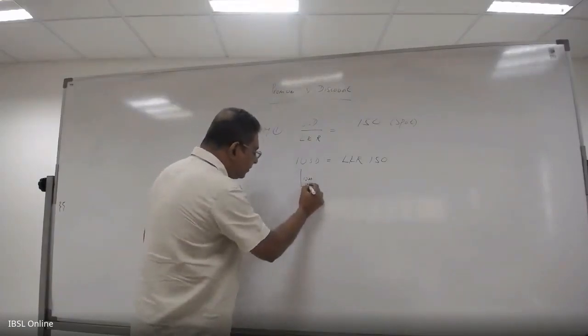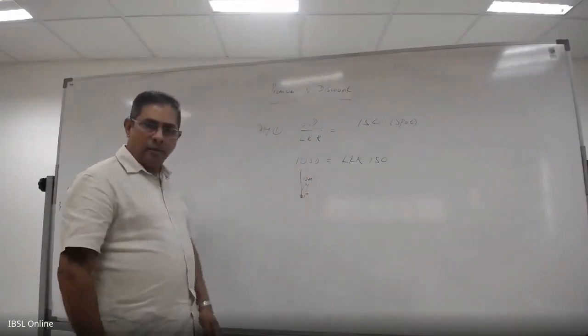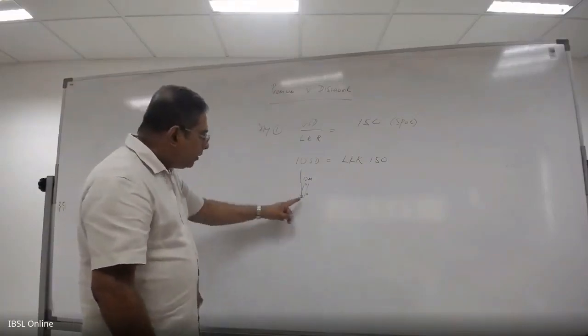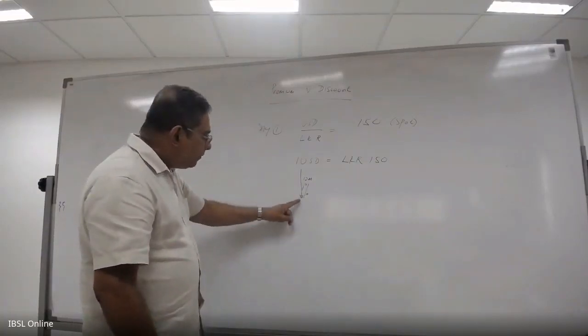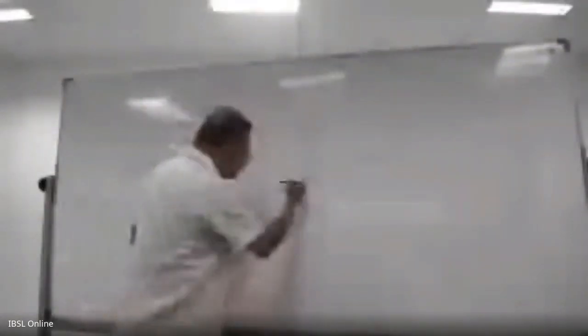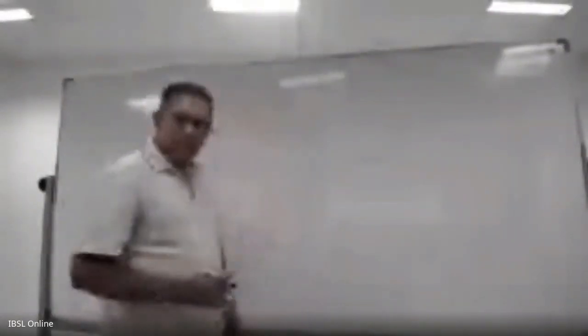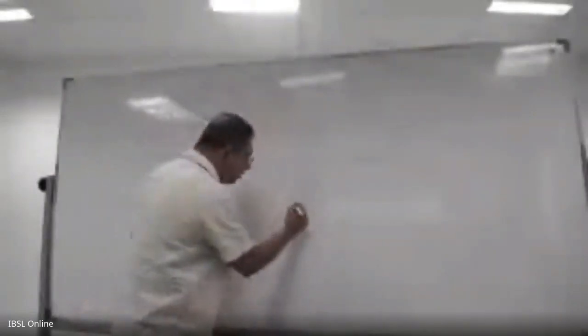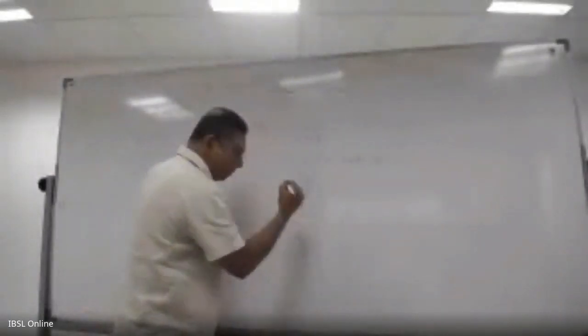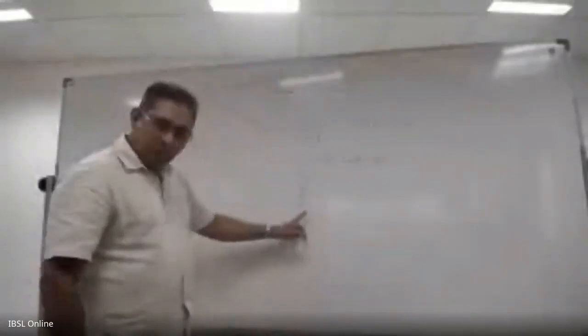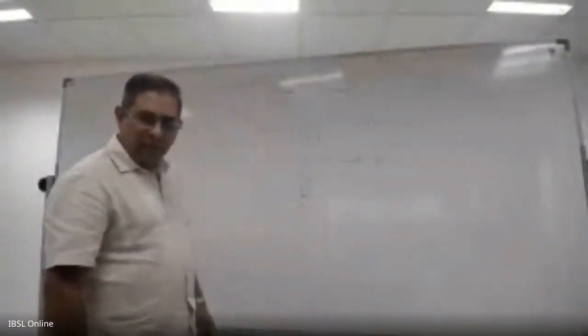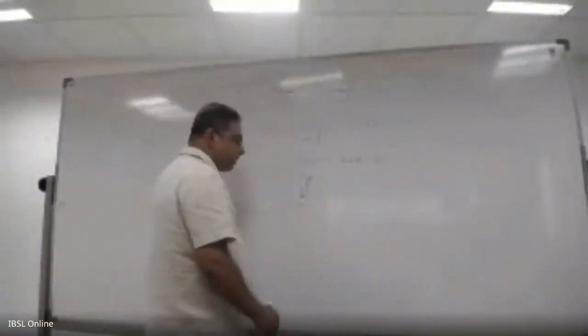I'm getting 1%. So at the end of the year, after the maturity date, I will get how much? 1% of 1 is 0.01, plus the capital, it will be 1.01. Right? Everybody will understand that, right?